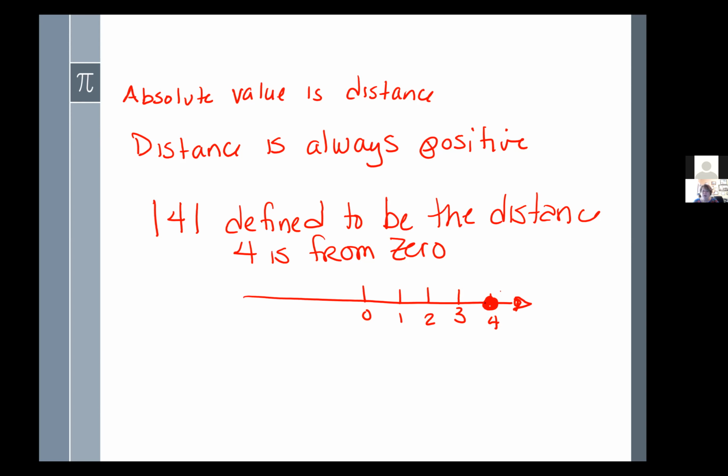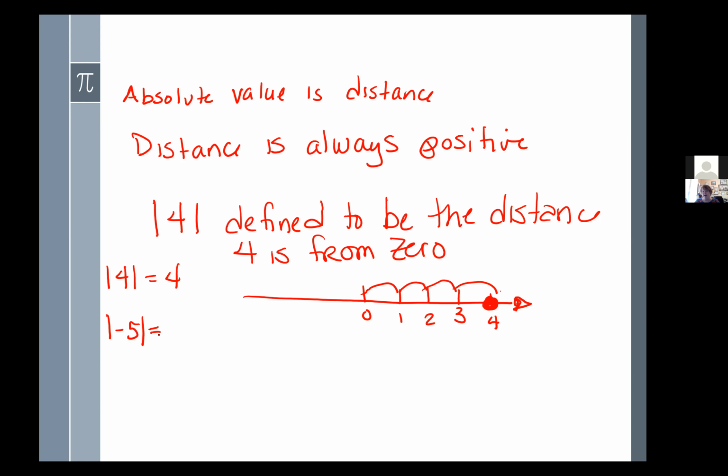And how far is 4 from 0? Well, it's 1, 2, 3, 4 units. So the absolute value of 4 is 4 because it's 4 units from 0 on the number line. Okay, what's the absolute value of -5?